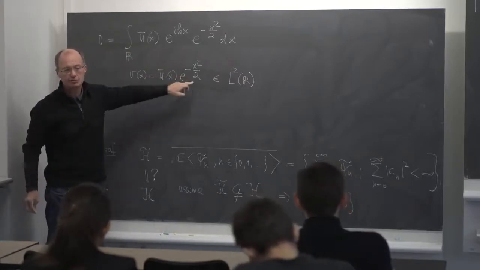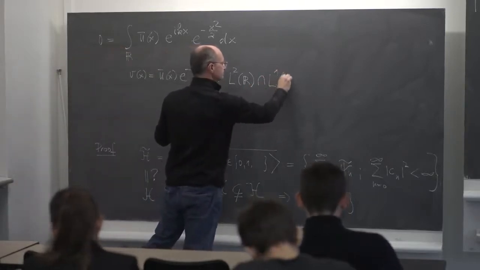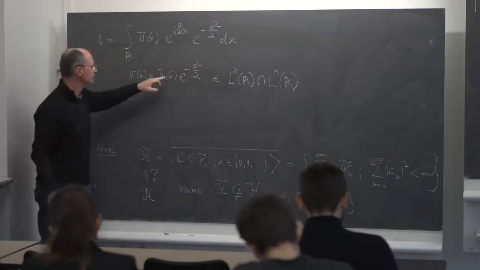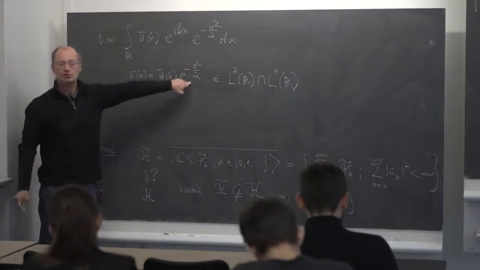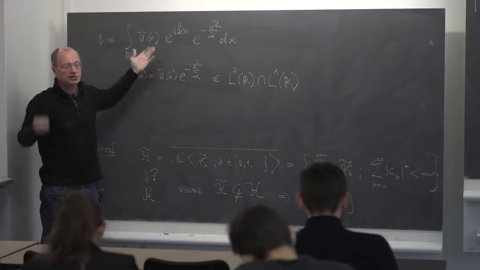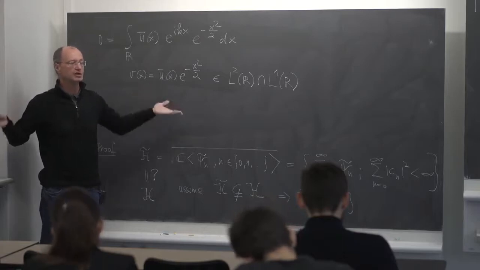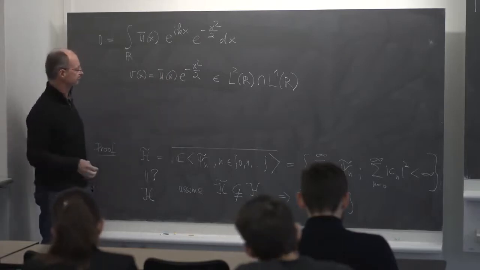But it's also in L1, because this was in L2, and that was in L2, and the product of two elements of L2 is in L1. Their product is integrable because that's simply the Hermitian product.